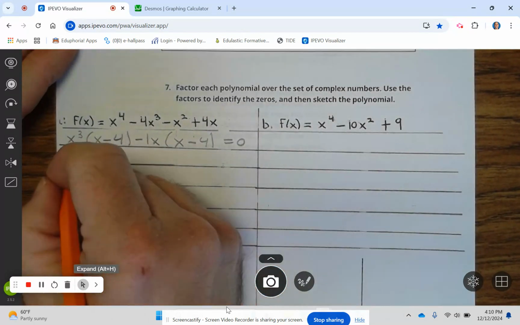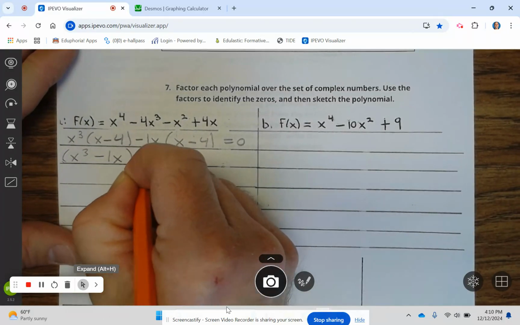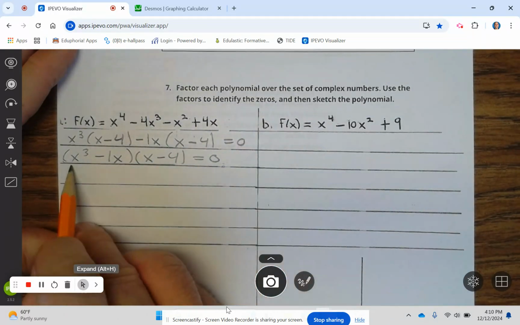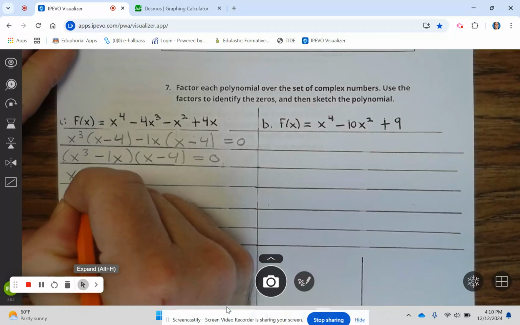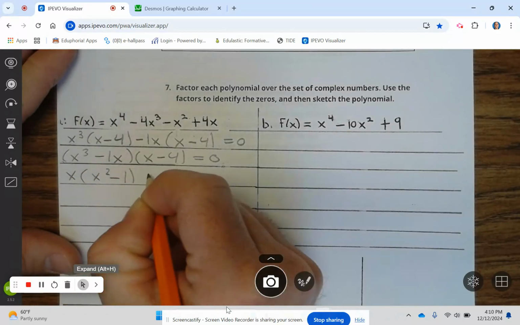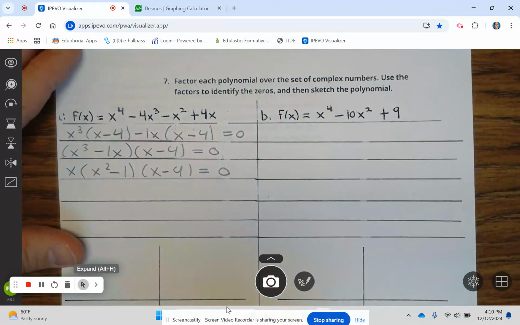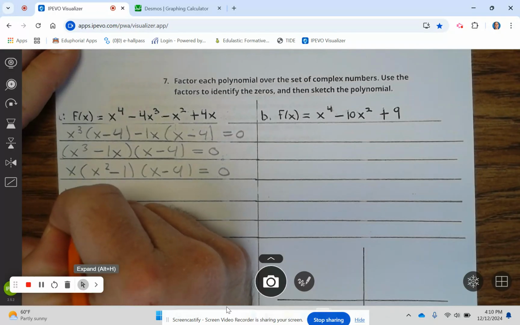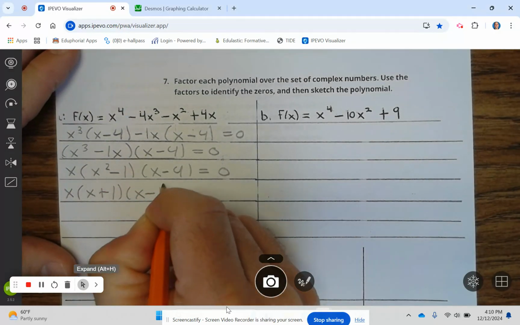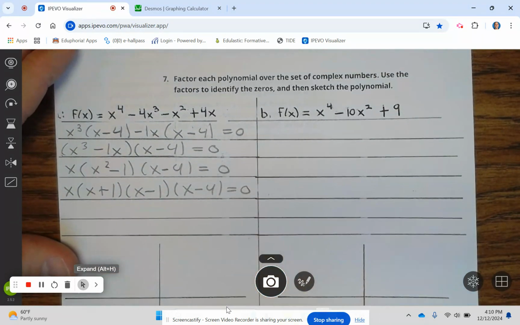We can group these together, so that's x cubed minus 1x times x minus 4 equal to 0. We can factor out an x here, so that becomes x times x squared minus 1 times x minus 4 equal to 0. This is a difference of squares, so that becomes x times x plus 1, x minus 1, x minus 4 equal to 0.